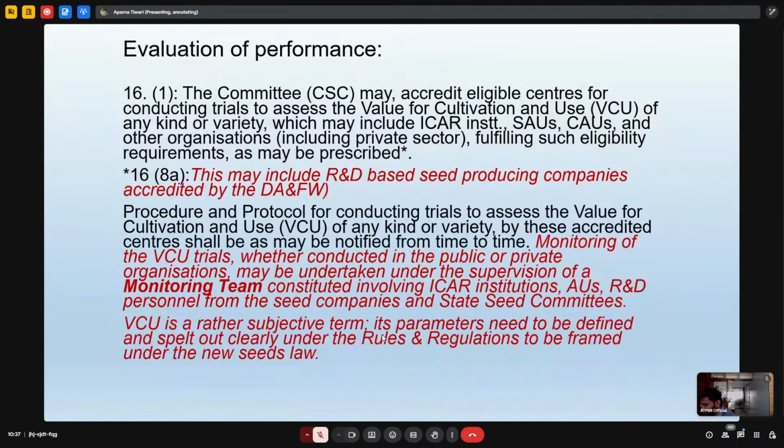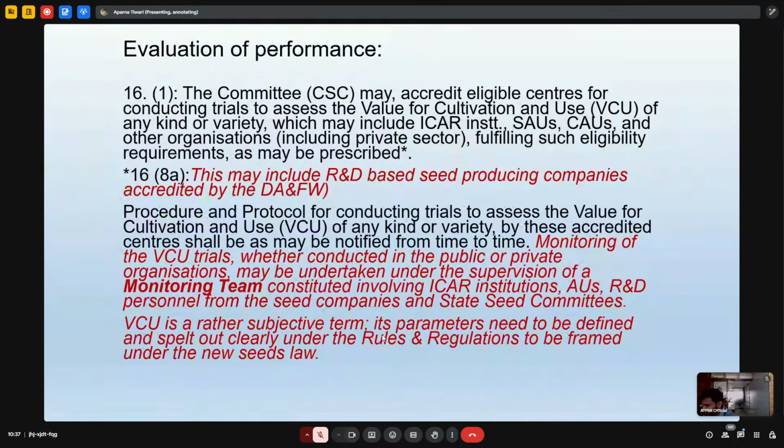Yeah, evaluation of performance, because this is a very important introduction in this new seed bill, that a lot of emphasis has been given to VCU, or value for cultivation and use. And in this, a good thing is that it is proposed that the Central Seed Committee may accredit eligible centers.